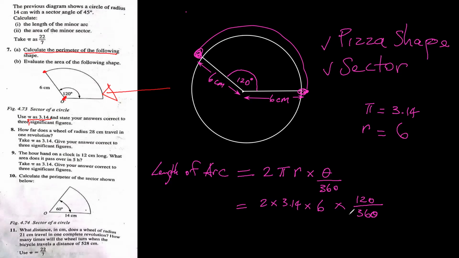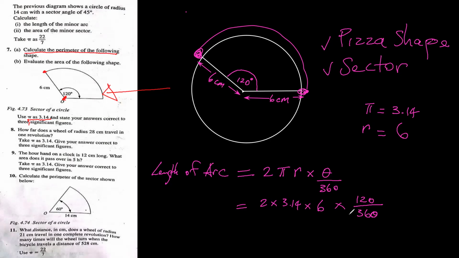That's a third, or 0.333 recurring. Work that out first, then multiply it by everything else. That's how you're going to use your calculator. You could even work out 12 divided by 36 because the zeros will cancel.